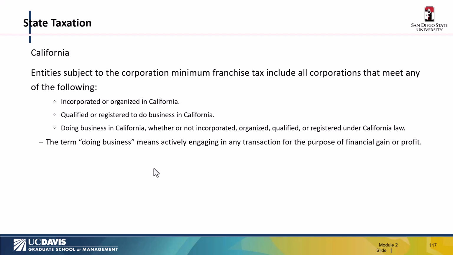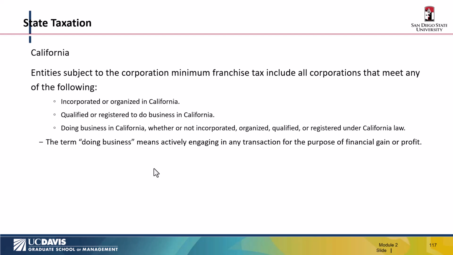So let's look at how California, because that's the state we are all in at the moment, defines nexus. Entities subject to the corporation minimum franchise tax include all corporations that meet any of the following. If they're incorporated or organized in California, well, that means they're not a foreign corp. Being incorporated in a state definitely is adequate to trigger taxation in that state.